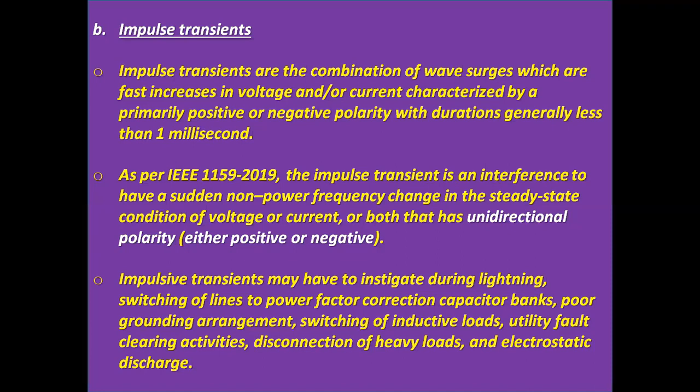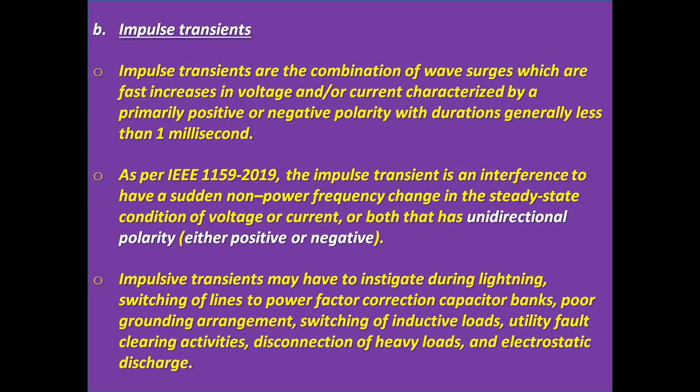The duration is very less, 1 millisecond. As per IEEE 1159 2019, the impulse transient is an interference with a certain non-power frequency change in the steady state condition of voltage or current or both that has unidirectional polarity, either positive or negative.